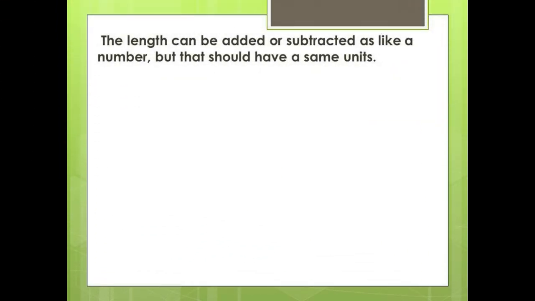Lengths can be added or subtracted like numbers, but they should have the same units. See here, children, we can add or subtract, but the units should be the same.